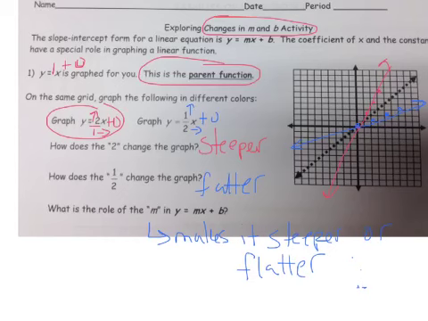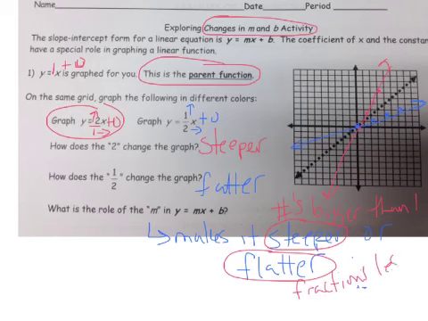We usually tell students that steeper are numbers bigger than 1, and flatter are fractions less than 1. So fractions are flat, bigger numbers are steeper.